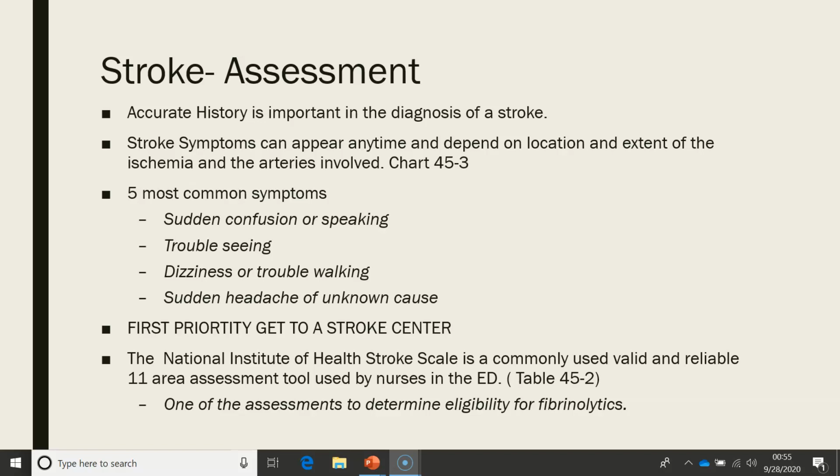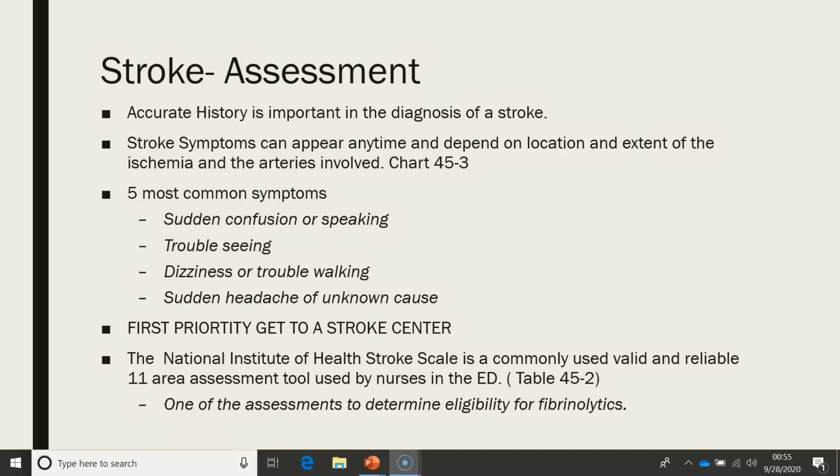The National Institute of Health Stroke Scale is a commonly used, valid, and reliable tool that is used for the assessment of patients in the emergency department by nurses. And it looks at 11 different areas, including level of consciousness, gaze, vision, whether or not they have facial palsy. They look at motor movement of both arms and legs.